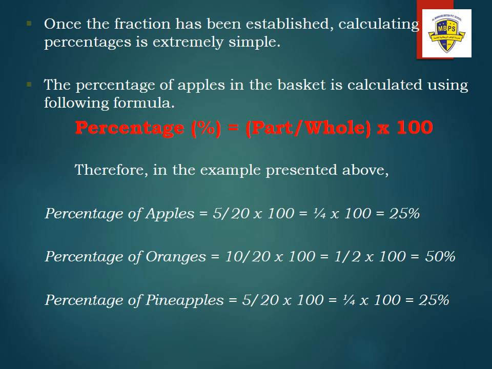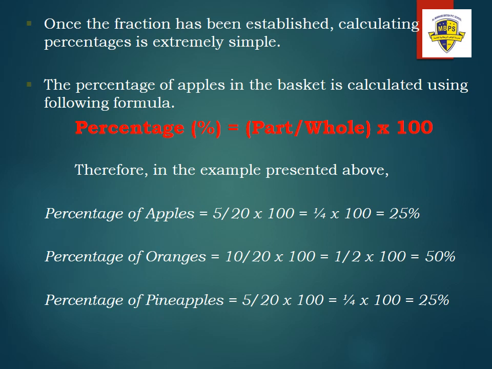So 5 over 20 times 100 equals a quarter times 100, because remember, we simplified it. A quarter of 100 equals 25, because we divide 100 by 4. So that means the percentage of apples is 25%.